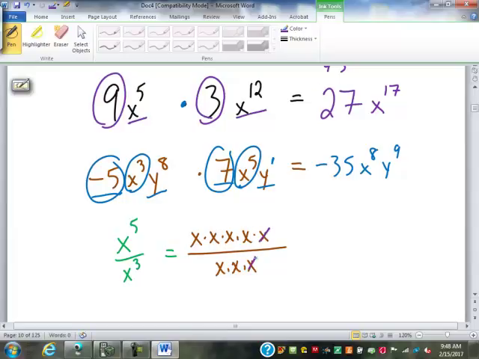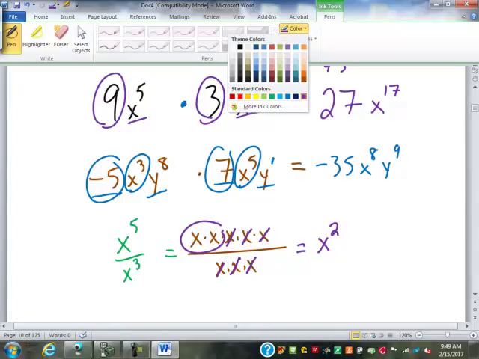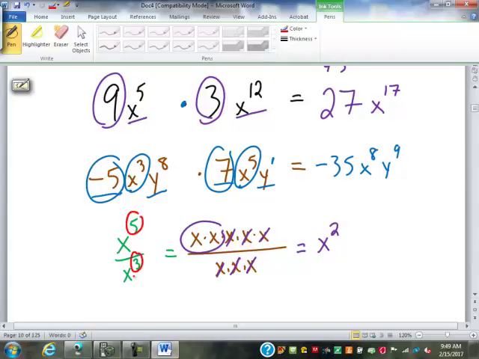We can cancel out an x, another x, and another x. We're left with just x times x, which is x squared. So when you're dividing, the appearance is you just subtract the powers. 5 minus 3 would give us 2. So if I had y to the 12th divided by y to the 8th, that's going to give me y to the 4th. 12 minus 8 is 4.